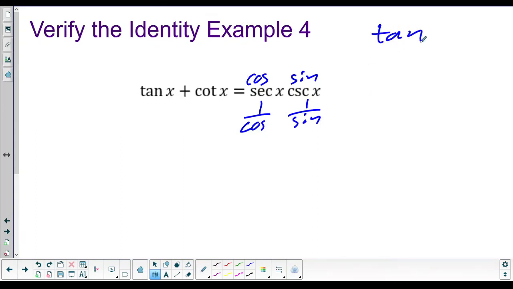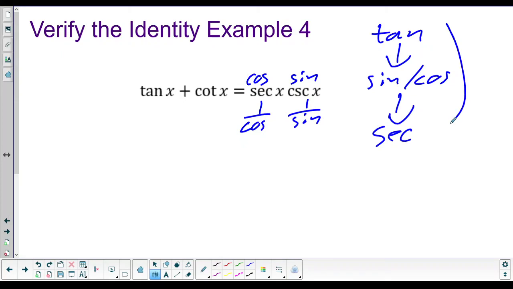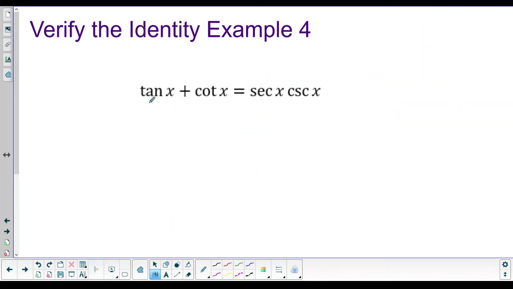We're going to go tangent, sines and cosines, secants, or something like that. This is our general flow chart for trying to solve this problem. So we're going to use our ratio identities. That's probably not the actual name of them, I forget. But tangent is sine over cosine, plus cotangent is just the reciprocal. So cosine over sine equals that stuff.